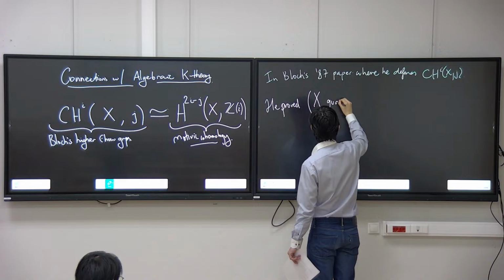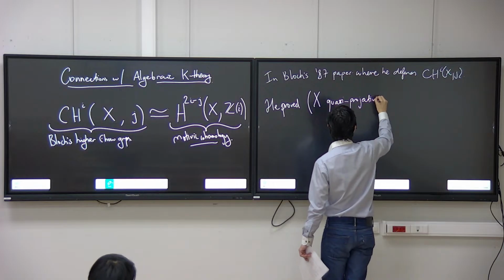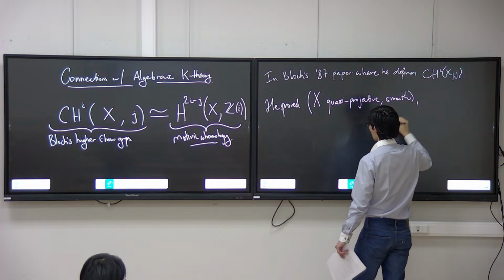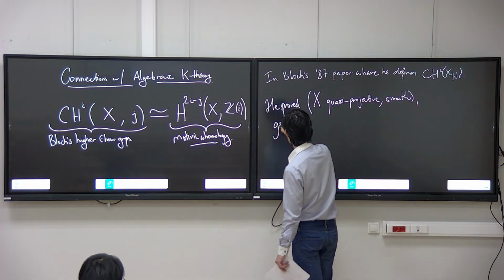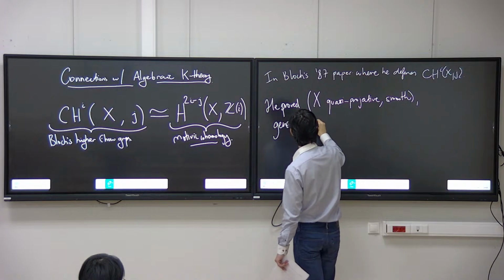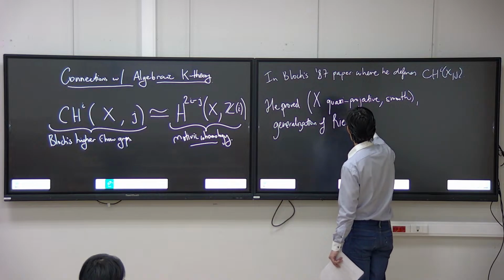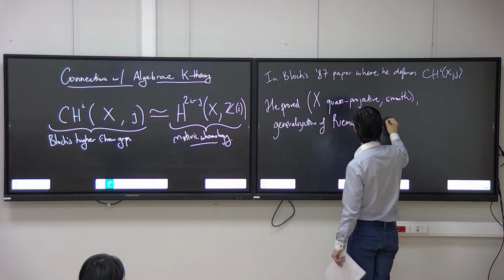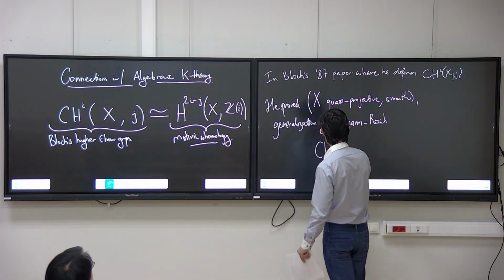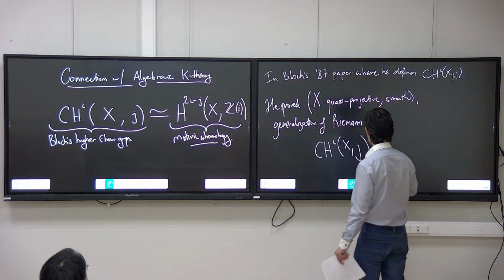quasi-projective and smooth, he proved some generalization of Riemann-Roch. So on the one hand, he had his higher Chow groups rationalized.